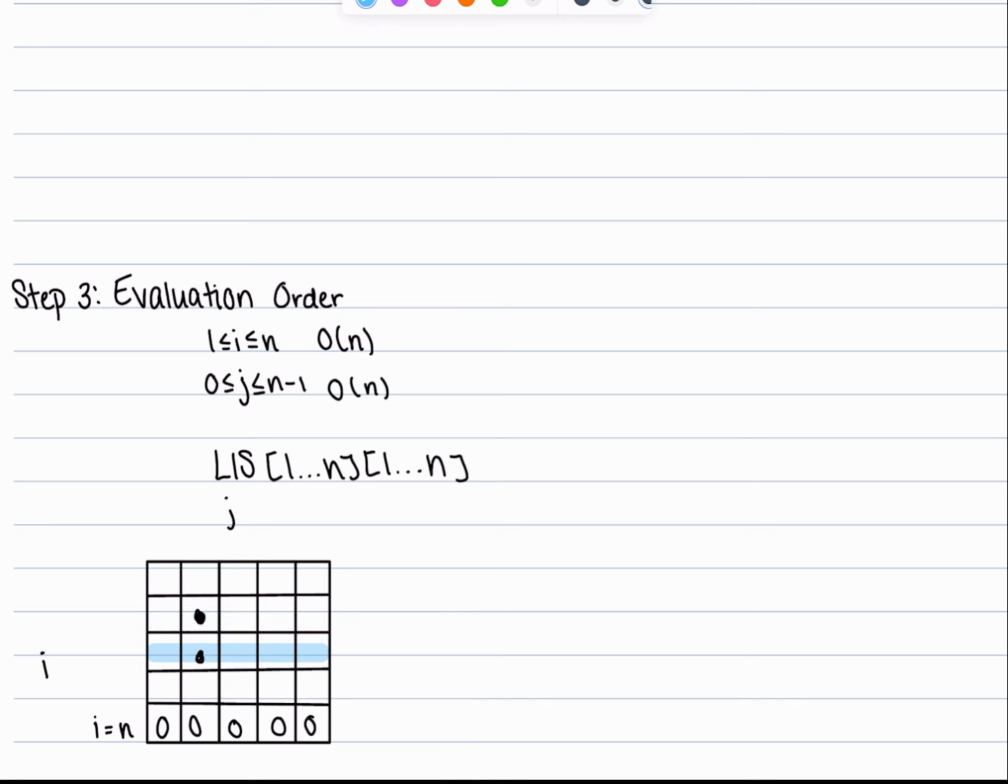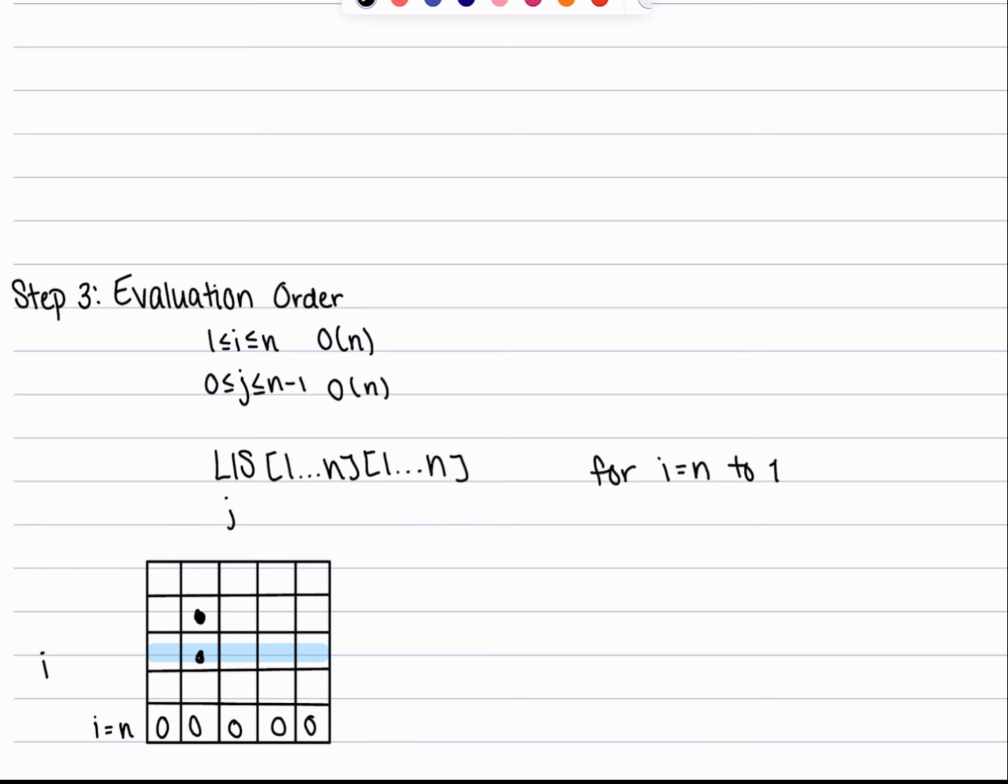And so that means that when we fill out this array, we're going to want to fill it out in reverse order. So our outer for loop is going to be for i equals n to 1. And our second for loop, where we're going to iterate over j's, you'll notice that I'm already going to have filled out the entire row.